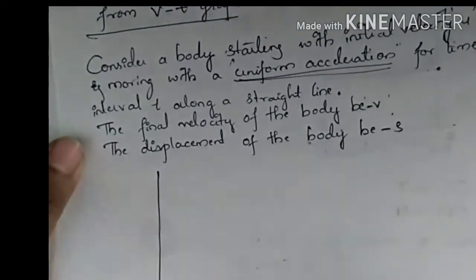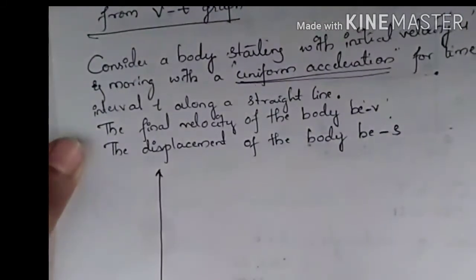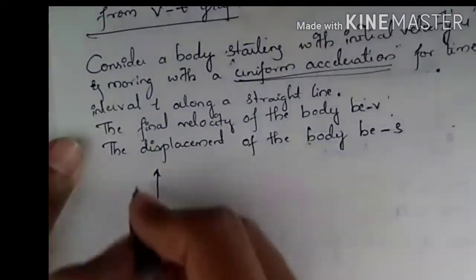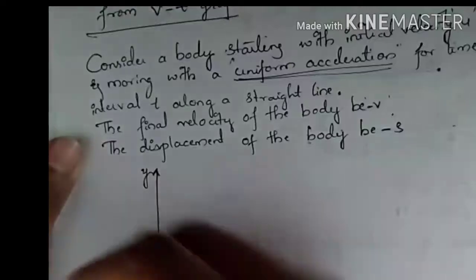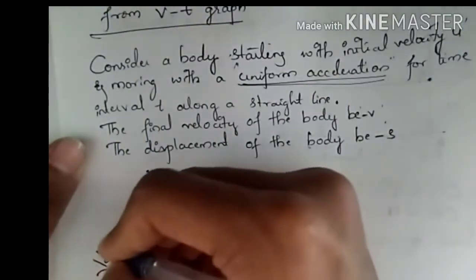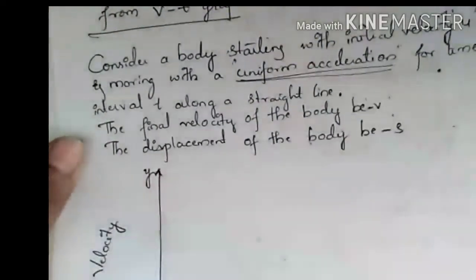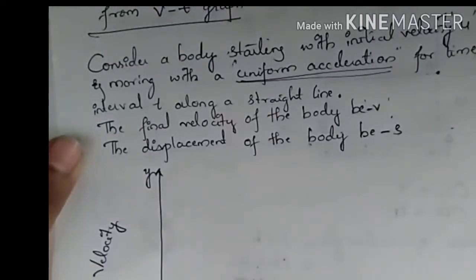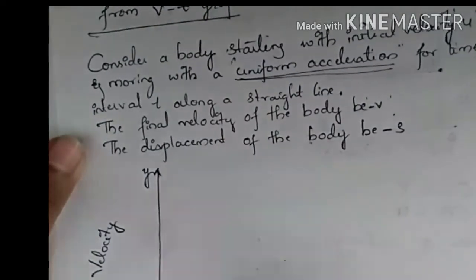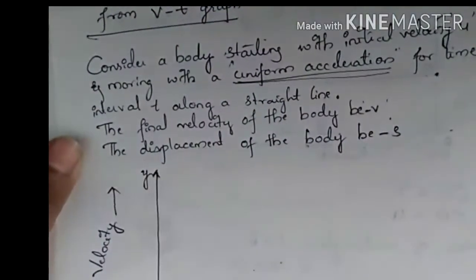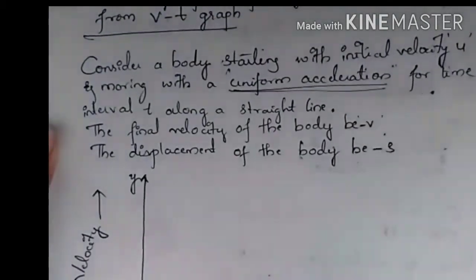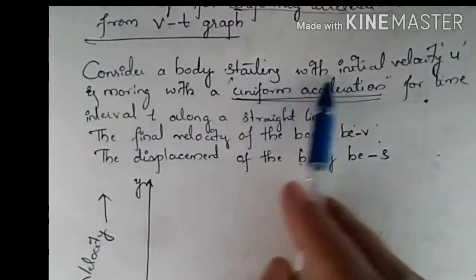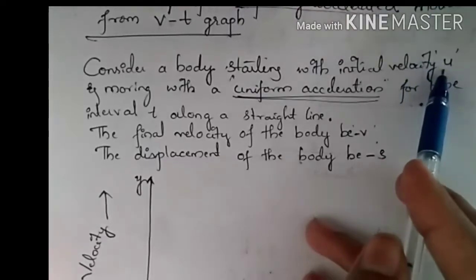So this is the velocity time graph. This denotes the x-axis, this is the y-axis, and in the y-axis we have velocity, in the x-axis we have time, which is varying. Now what they have mentioned is, consider a body starting with initial velocity u.